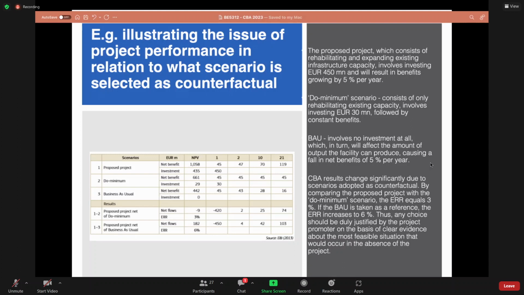So you can see here the results of the cost benefit analysis. It changes significantly depending on which of these scenarios we are comparing against. Whether we are comparing this project with the do minimum scenario, which involves rehabilitating our existing infrastructure, or the business as usual scenario, which involves doing nothing, no investment at all.